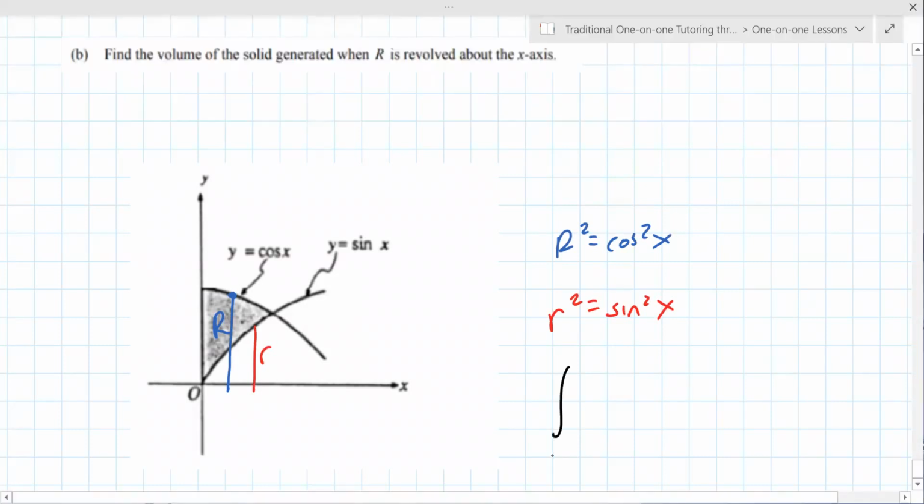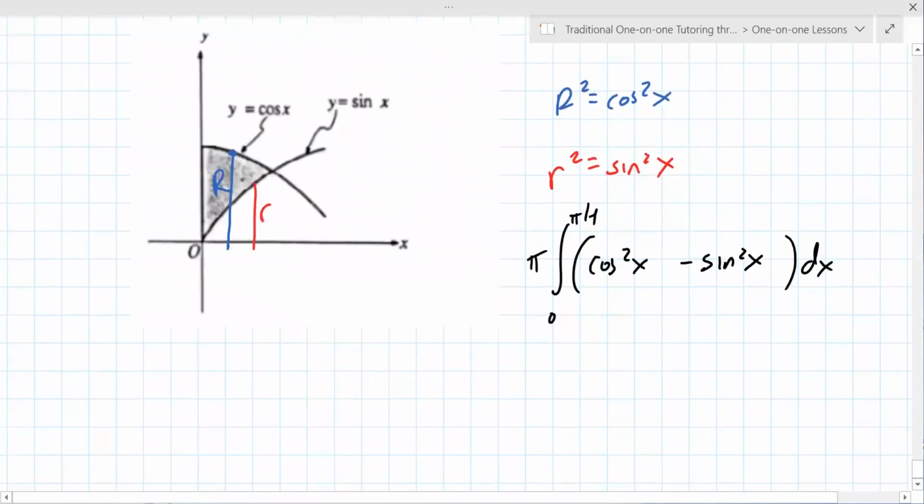So it's the integral from 0 to pi over 4 again, pi, and then cosine squared x minus sine squared x, like that, dx. The only way to do this problem from here is to remember some Pythagorean identities, which feels really out of scope.